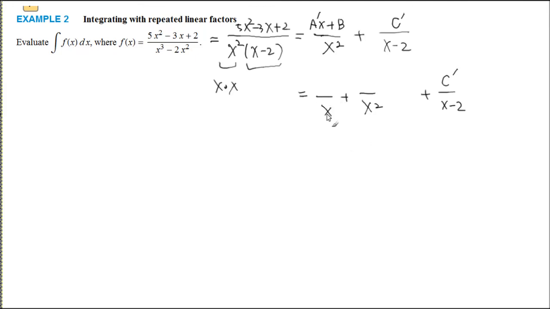And you write down a polynomial of degree less than the irreducible factor, which is constant a, and for that repeated factor, just repeat with constant b. That's what happened to a repeated factor.